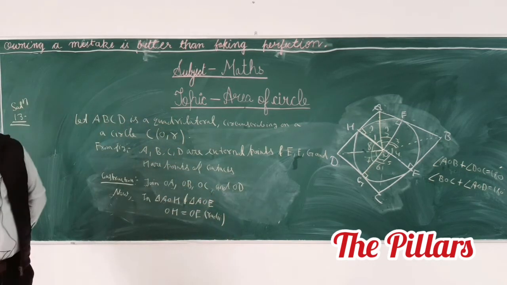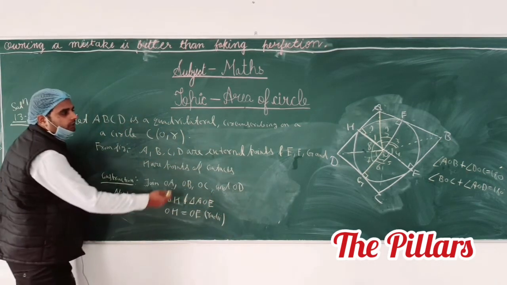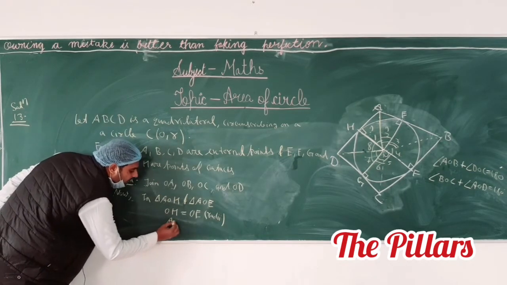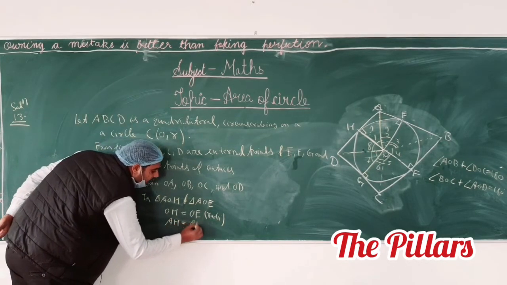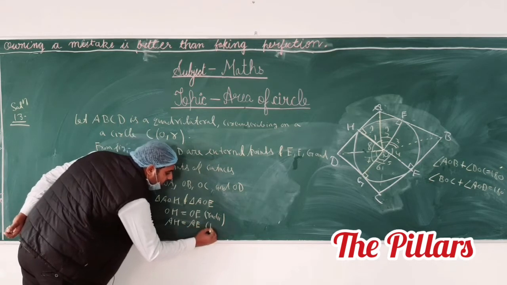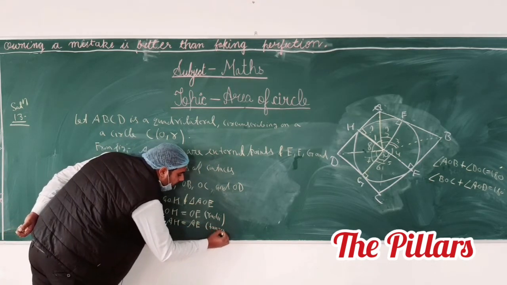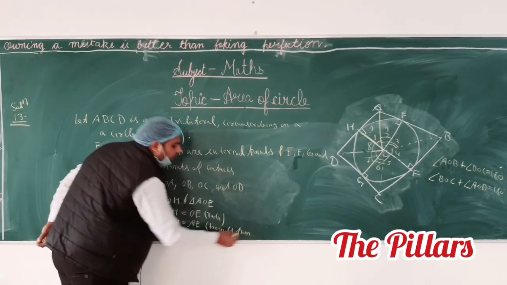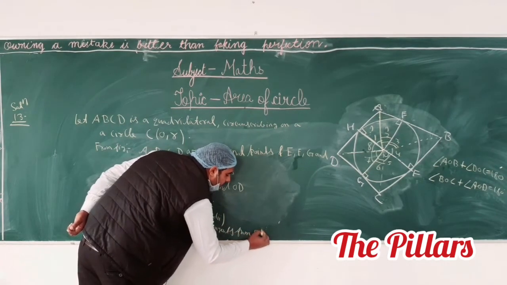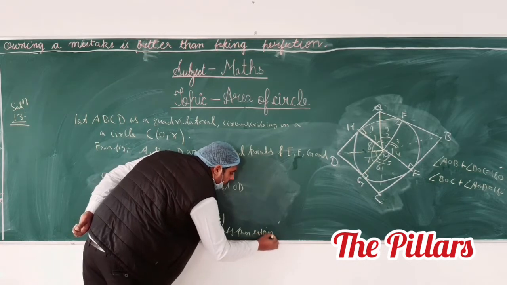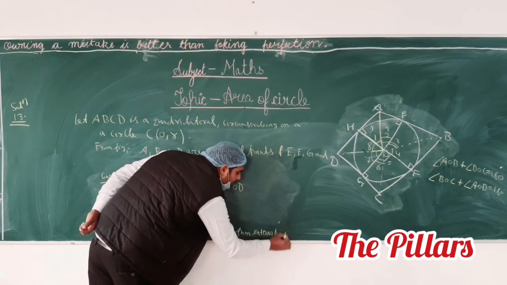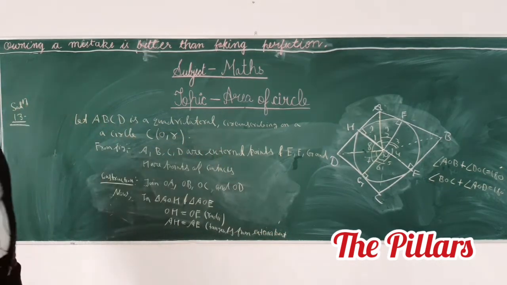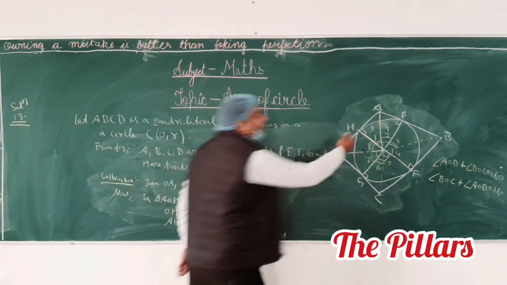AH equals AE. Why? Tangents from an exterior point. Till here, anyone have any problem? Third side: OA is common for both triangles.